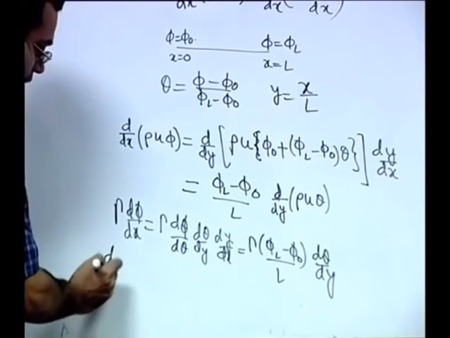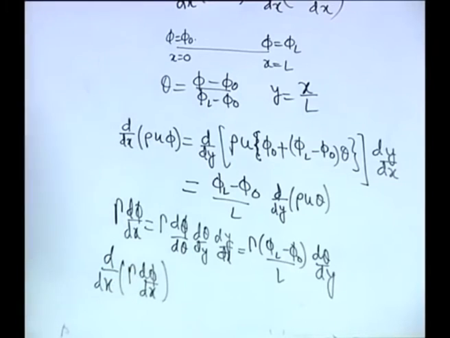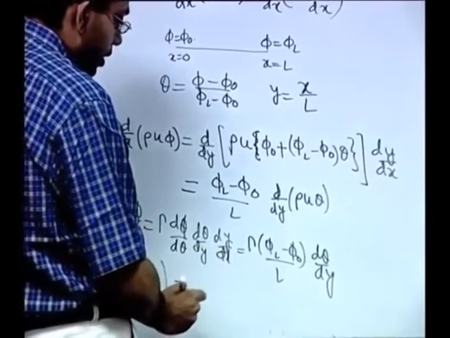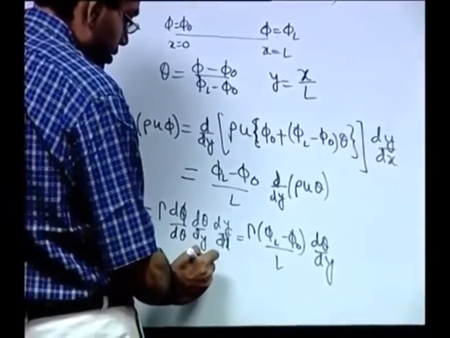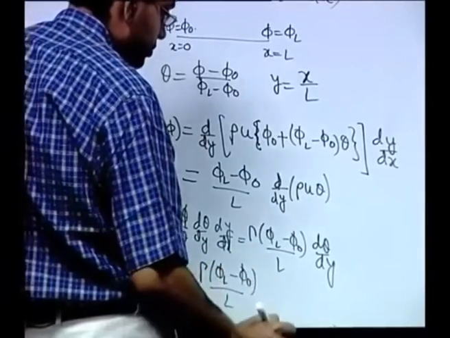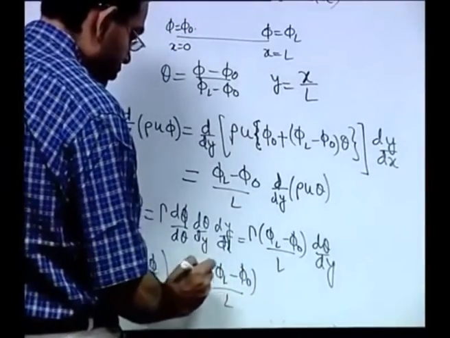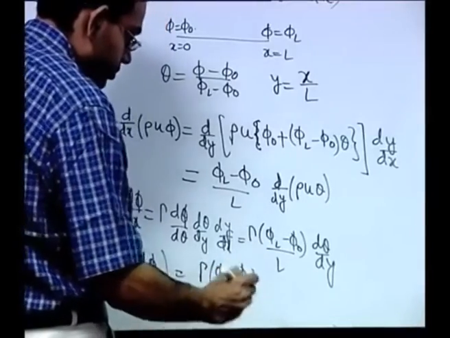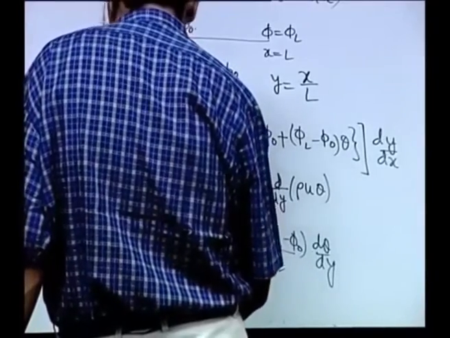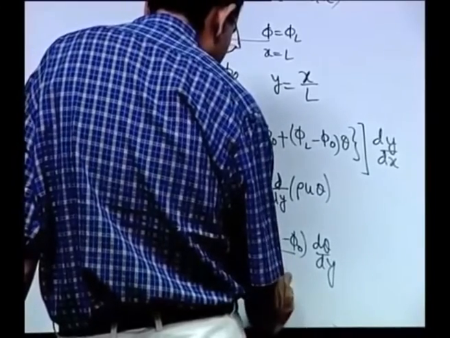So, d/dx of gamma d phi/dx is equal to gamma into (phi L minus phi 0) by L into d/dy of that into dy/dx.